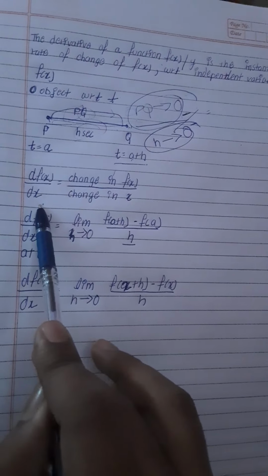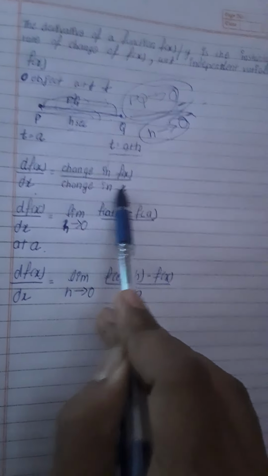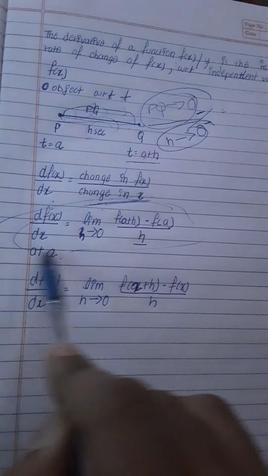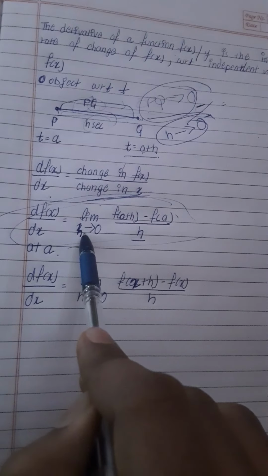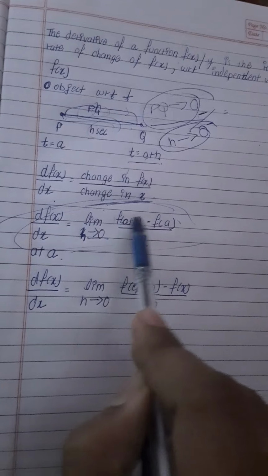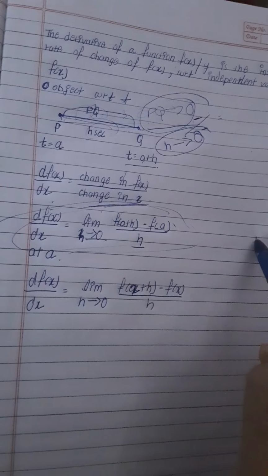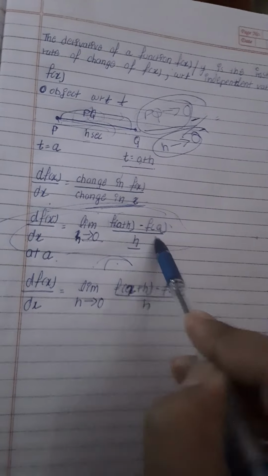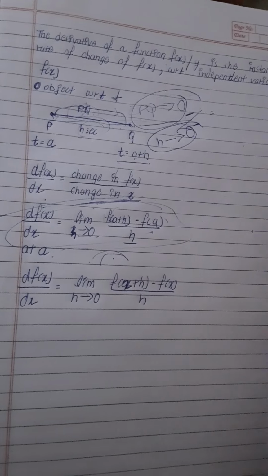The derivative of f(x) with respect to x is the change in f(x) over the change in x, and remember this change is very instantaneous, so it is approaching 0. For any point a it can be the limit as h approaches 0 of f(a plus h), the point where it will be when the change h occurs in x, minus f(a), the point where it was initially, upon h.